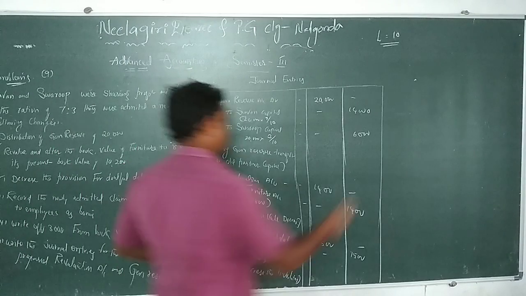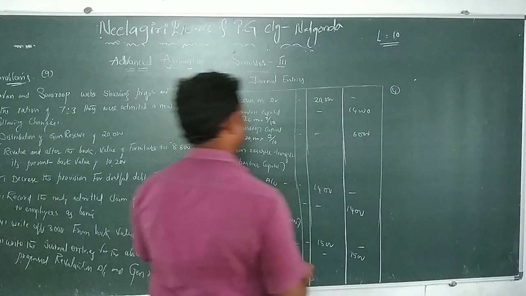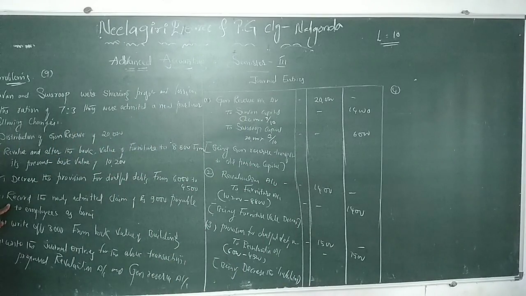Next, the fourth entry. What is the fourth entry? Record the claim admitted for the employees, the employee bonus. What is the journal entry?